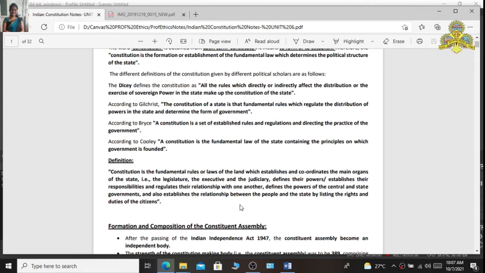It also defines the powers and responsibilities of central as well as state government. And it also establishes a relationship between the people and the state by listing the fundamental duties and rights of citizens.